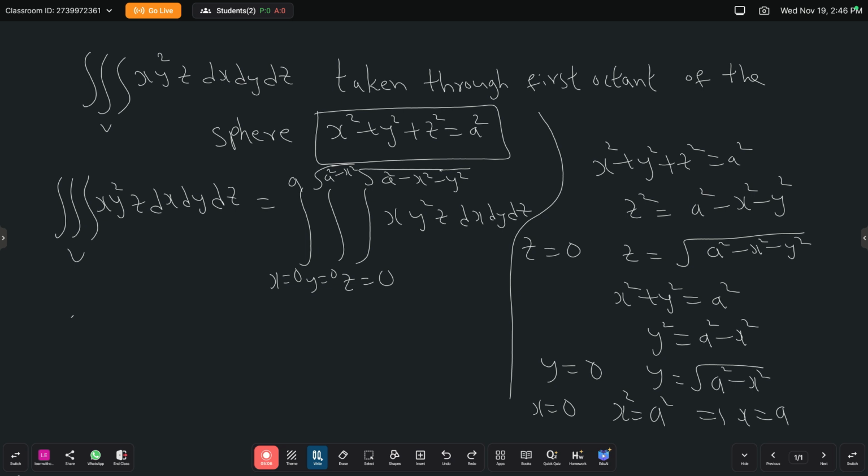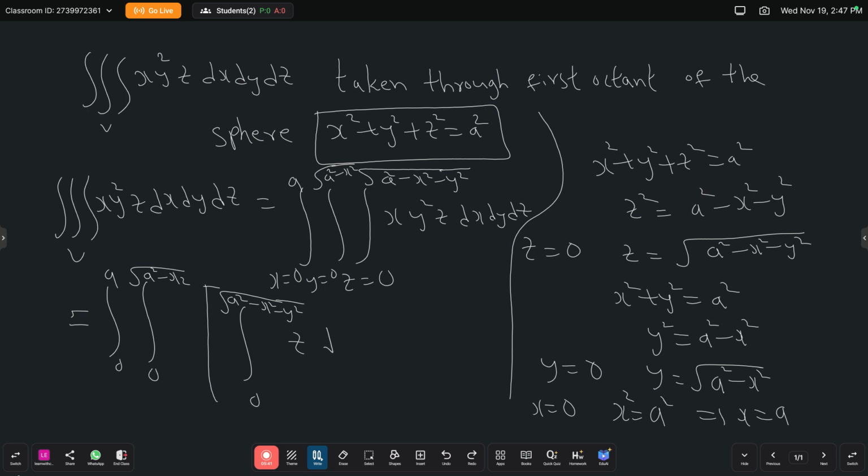So this is equal to integral 0 to a, integral 0 to root a square minus x square, integral 0 to root a square minus x square minus y square. So first of all you are going to integrate with respect to z.